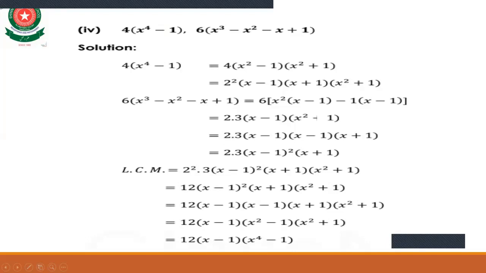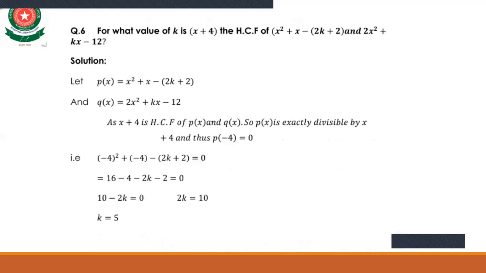Here is x minus 1 whole square, you can separate it and then combine it. x minus 1 into x plus 1 is equal to x square minus 1. x square minus 1 into x square plus 1 is equal to x power 4 minus 1. Now our answer is 12 into x minus 1, x power 4 minus 1. Okay, that is the LCM.